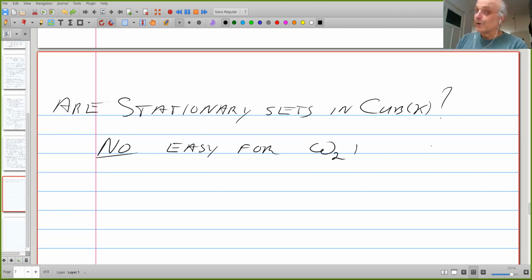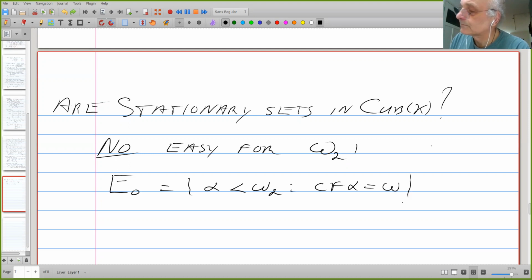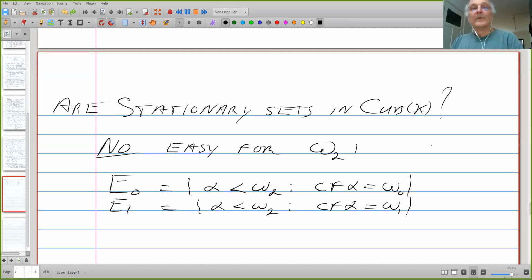There is an easy answer for omega 2. In general, we look at E0, the set of all ordinals of cofinality omega, and E1, the set of all ordinals of cofinality omega 1.